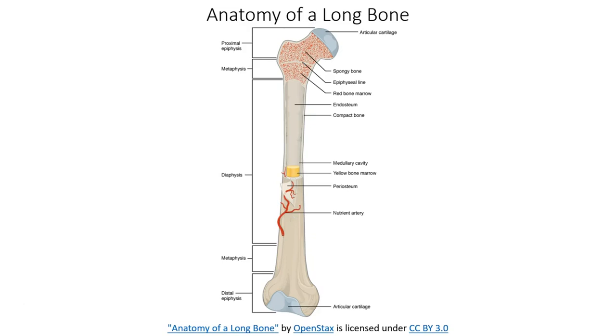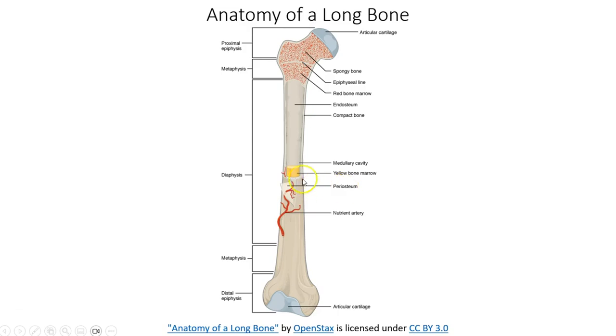All right. And so surrounding that compact bone is going to be these layers of other connective tissues, the endosteum and periosteum. So those are just going to kind of keep the different structures within the bony tissue together, and also help provide an attachment point for tendons and ligaments.